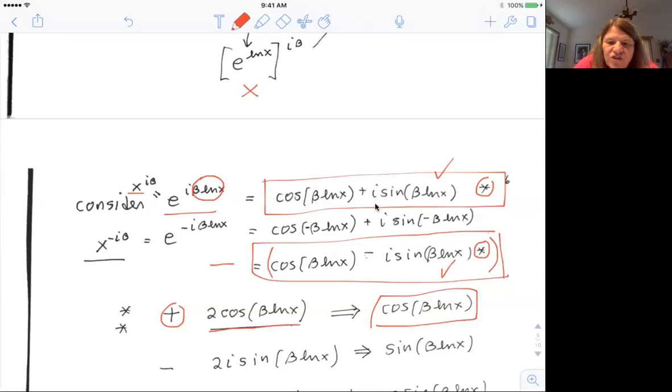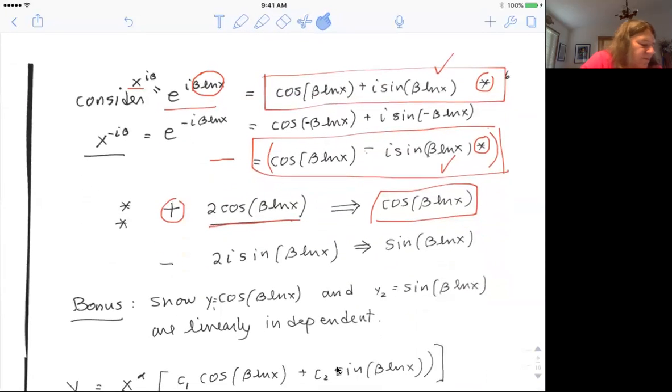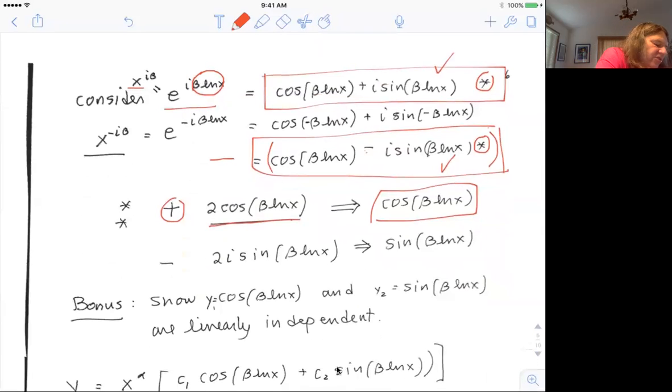So in other words, you get 2i sine beta log x. Again, it doesn't matter about the coefficient on there. It can be worked into the answer later. But the fundamental part of that looks like that.